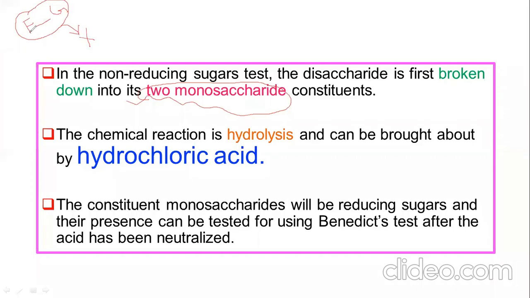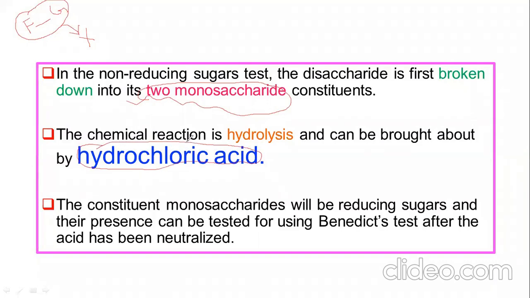For this non-reducing test, I know that there is sucrose and I do Benedict, it is negative. Let me check how I will confirm that this is non-reducing. I will add a chemical, hydrochloric acid. I will add any acid, like hydrochloric acid or sulfuric acid.